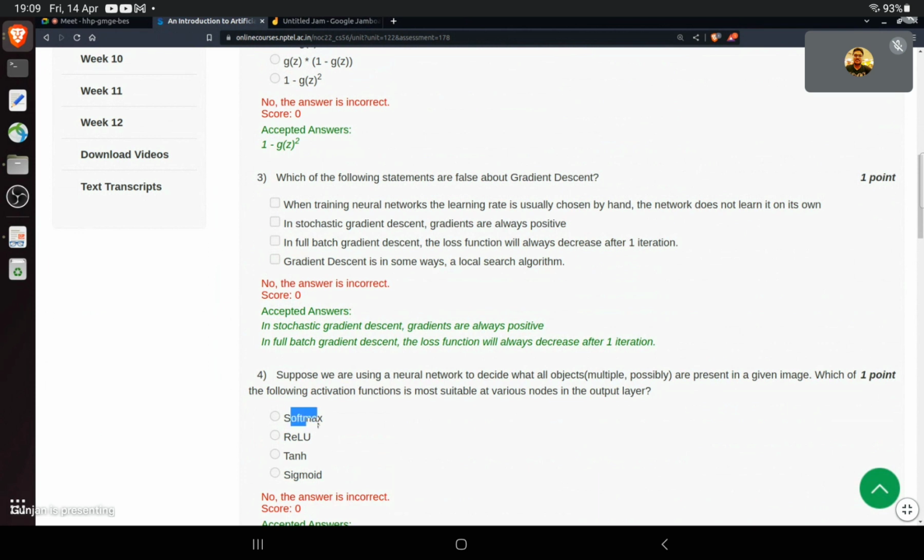So softmax you will do to get the distribution. It is kind of a normalization that you do. But the activation function is sigmoid, because tanh and ReLU will not give you a value between 0 and 1.